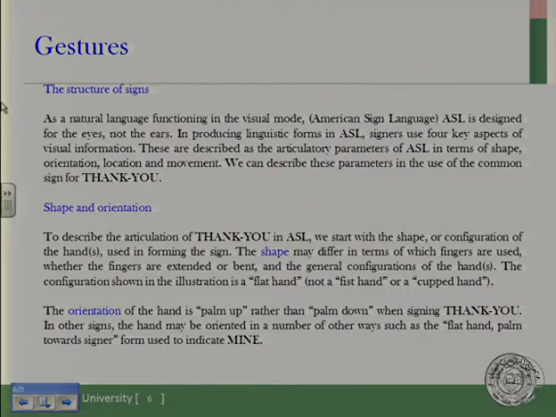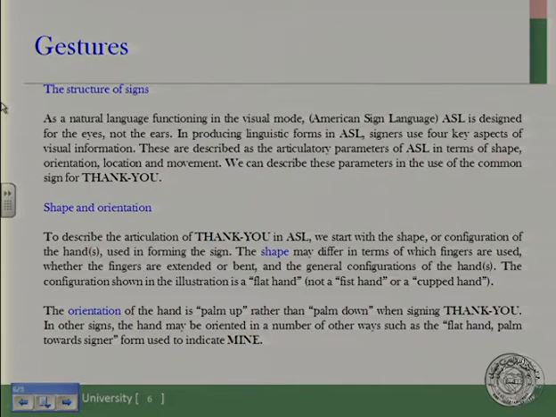Now these are described as the articulatory parameters of American Sign Language in terms of shape, orientation, location, and movement. We can describe these parameters in the use of the common sign for thank you.